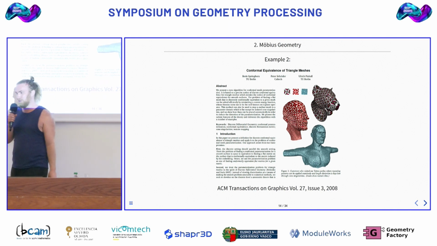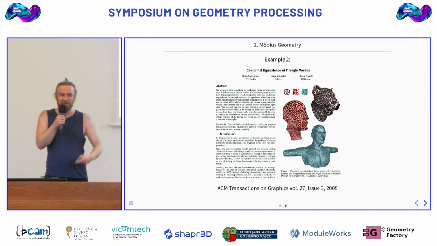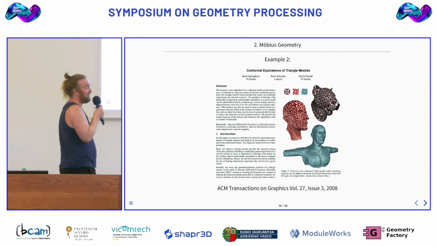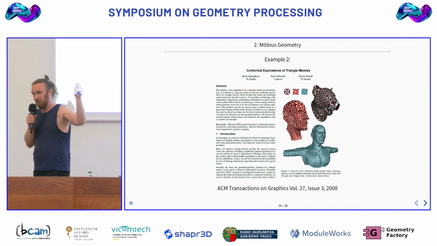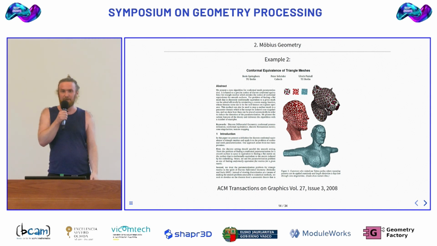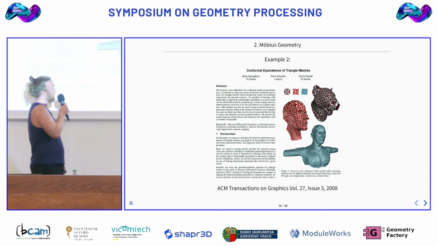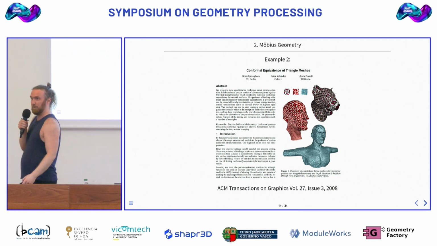I want to get a texture on there, and it should look nice. We can debate what that means. In general, if things are scaled locally, that doesn't bother us so much. But if there are folds or angles are not continuous, that looks really bad. This is what they try to solve, or what they propose a method for. And it's strongly based on Möbius geometry.